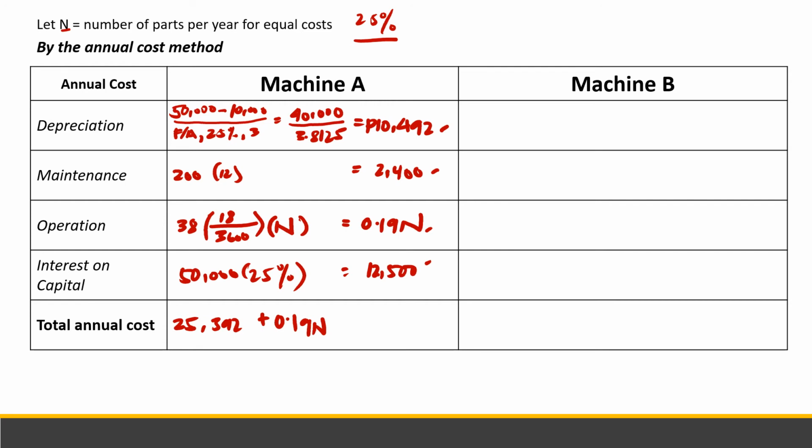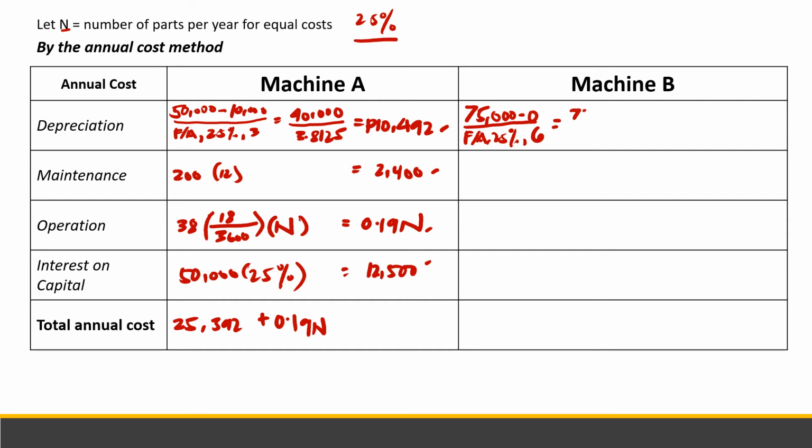So now for machine B, so i-repeat natin yung process. So for the depreciation for machine B, we have a capital or initial cost of 75,000 minus salvage value of 0. So this is for 6 years.